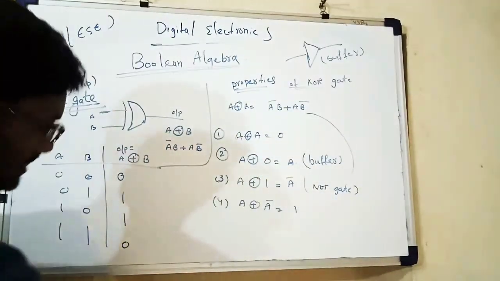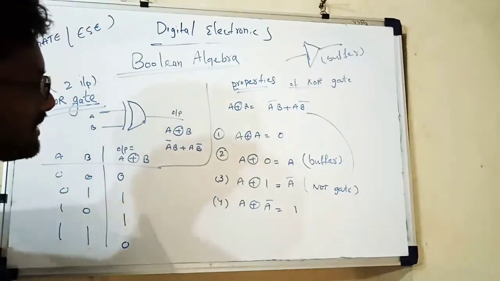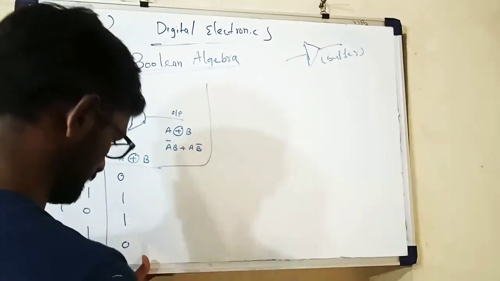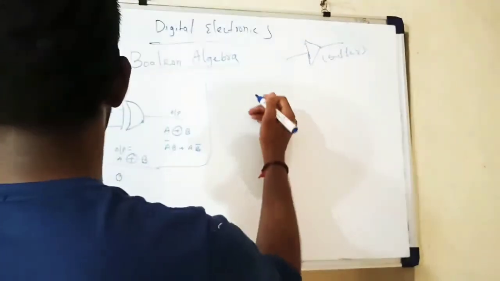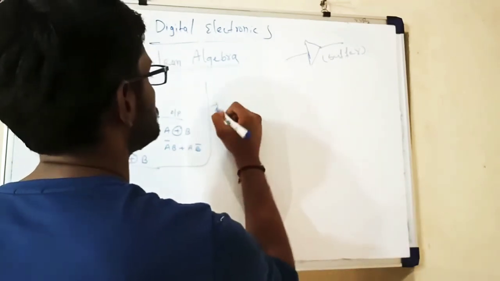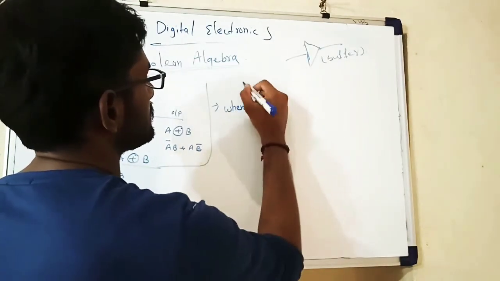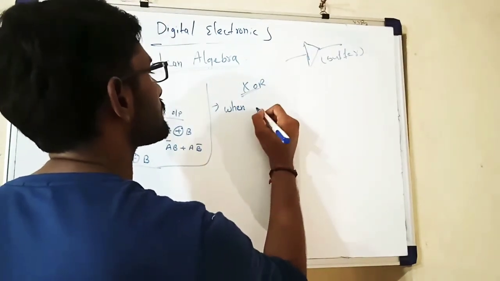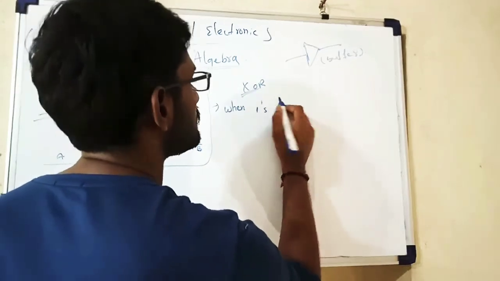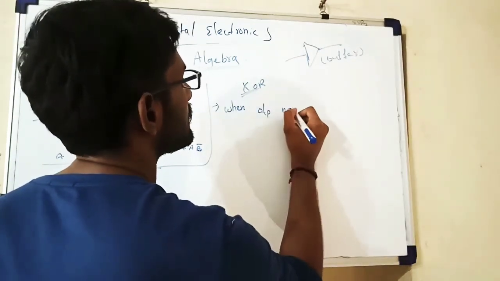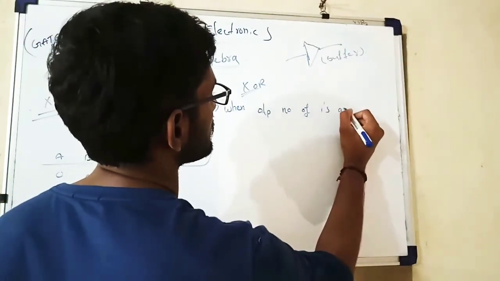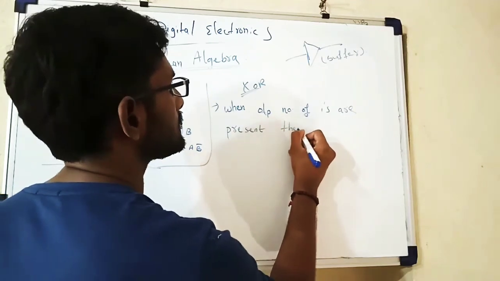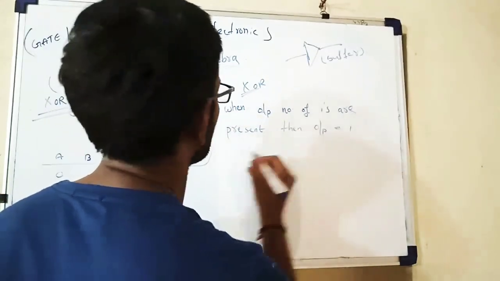There is also another very important property. We will see it now. This is for XOR gate. When an odd number of ones are present, then the output will be 1.